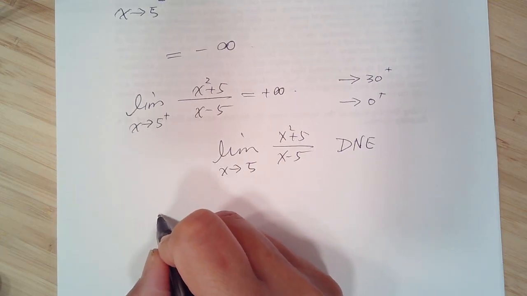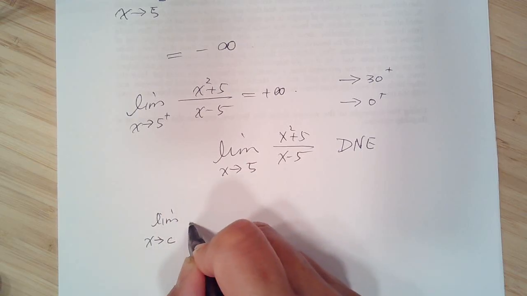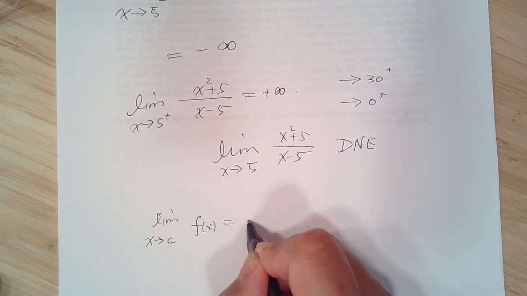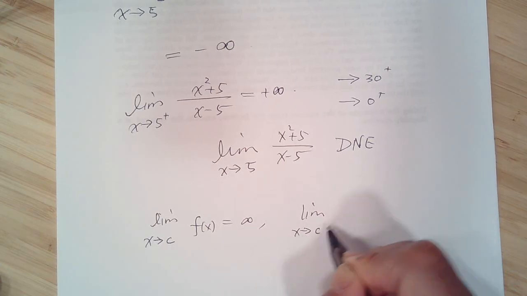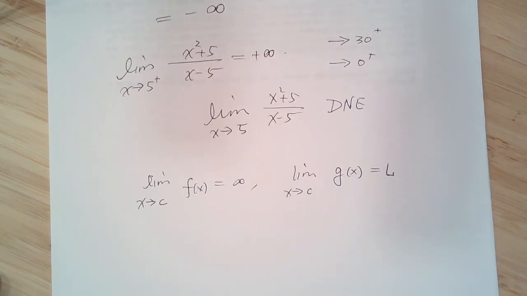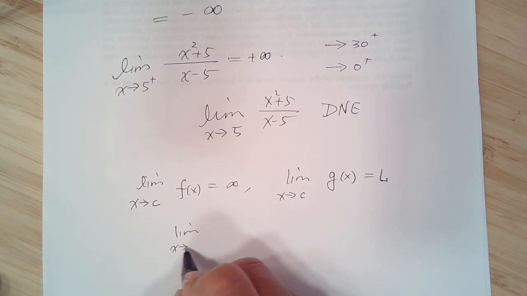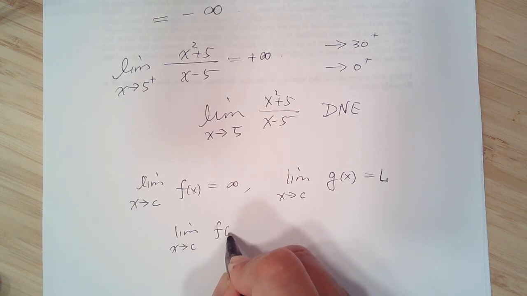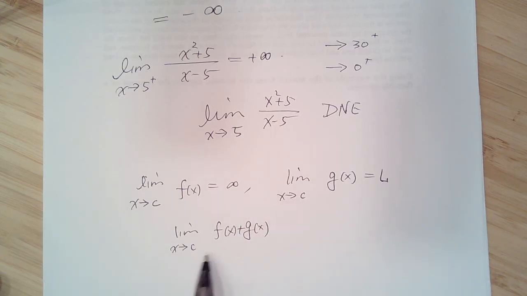So if the limit as x approaches c of f of x is infinity, but the limit as x approaches c of another function g of x is a fixed number, then the limit as x approaches c of f of x plus g of x, which is infinity plus a fixed number, is also infinity.